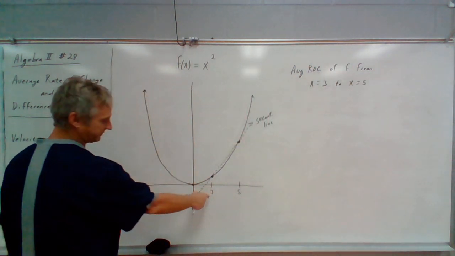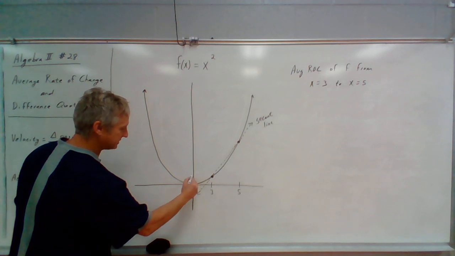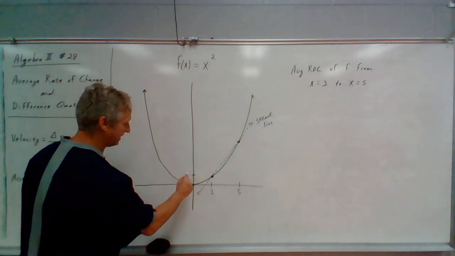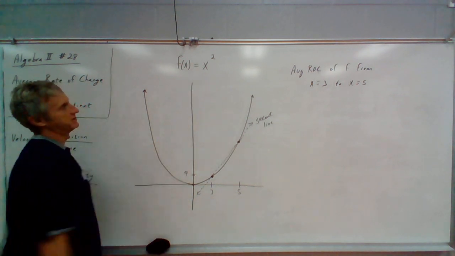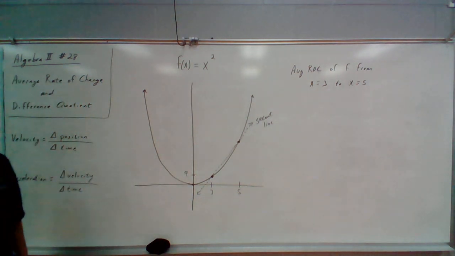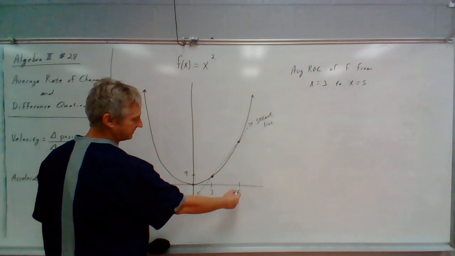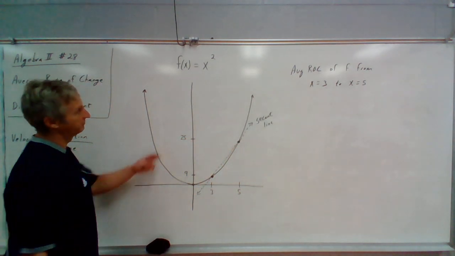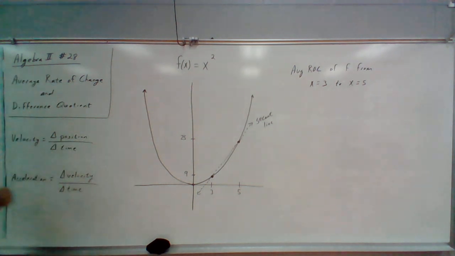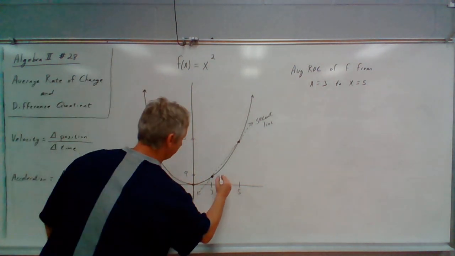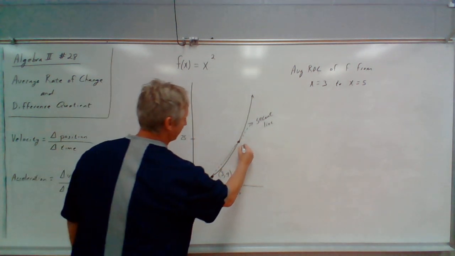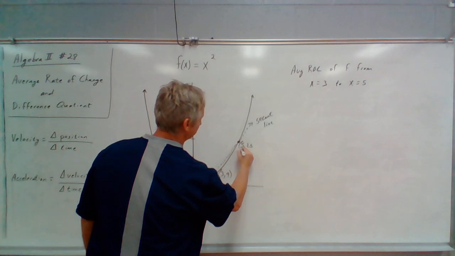All right, if this point is 3, if the x value is 3, what is this y value? Well, obviously that would be 9, because I just plugged 3 in there and get 9. Okay. If this point is 5, then this would be 25, because f of 5 is 25. So now I have these 2 points. I have 3, 9, and I've got 5, 25.